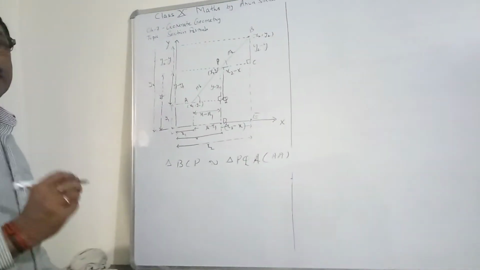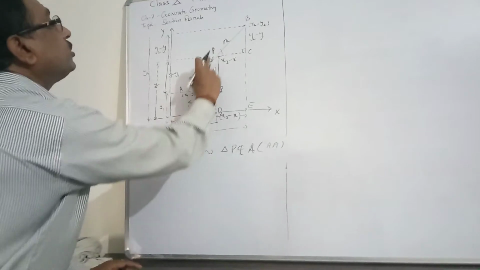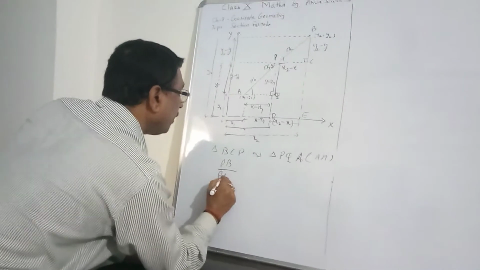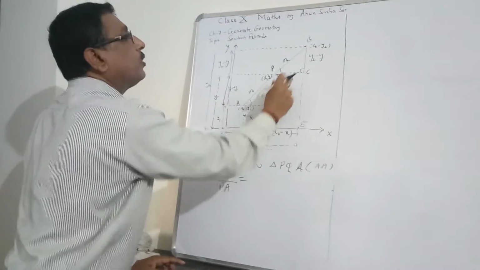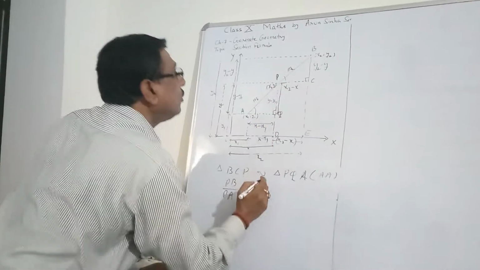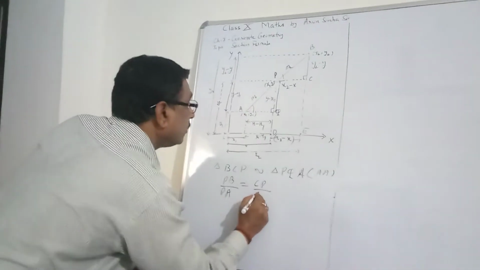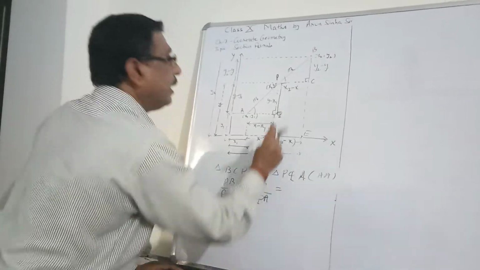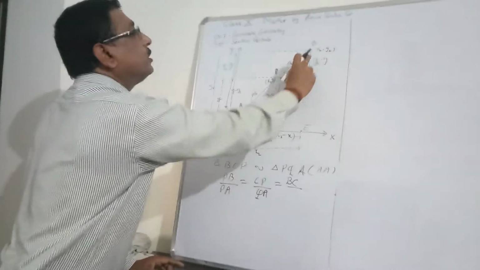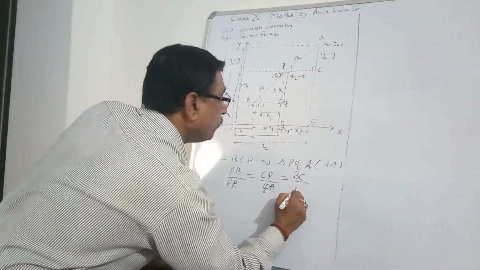So now you can apply the criteria of similarity. You can see this length PB and this is your PA. In this triangle, this length is CP and this length is QA, and this length is BC, and corresponding to this, you will get PQ.